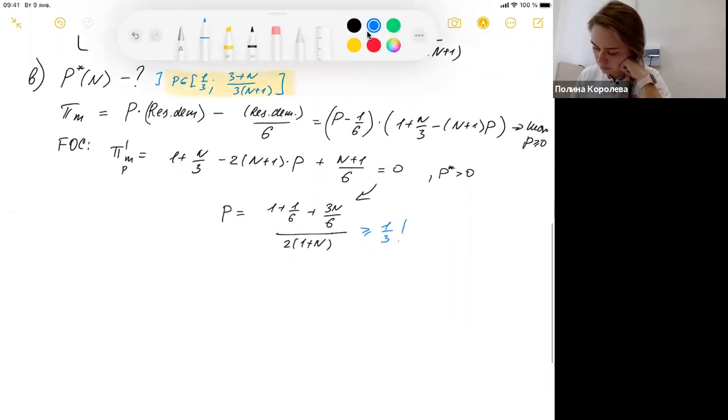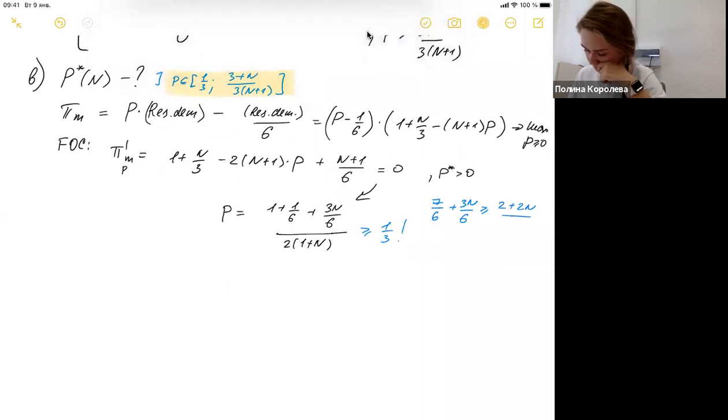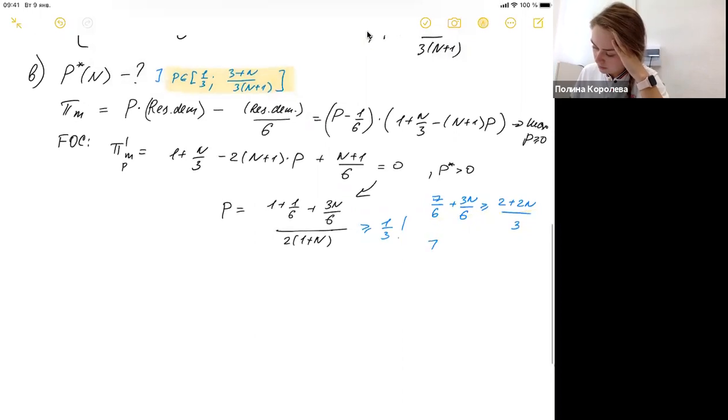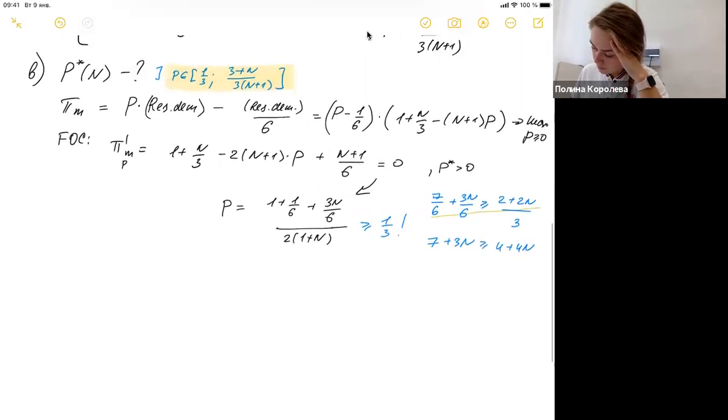Okay, and we'll do it. Yes, 7/6 plus 3n/6 should be greater or equal than (2 plus 2n) over 3. Yes, 6 plus... So 7 plus 3n greater or equal than 4 plus 4n, then 3 greater or equal than n.